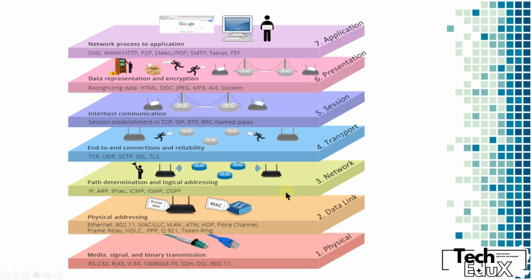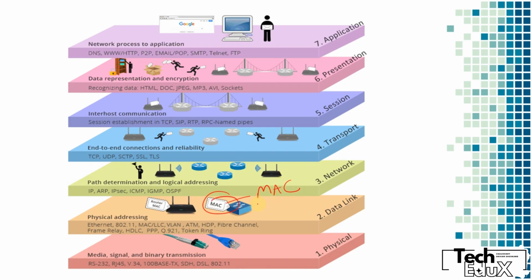Then we have the data link layer. At the data link layer, we are using switches, and these are manageable, intelligent devices, by the way. So what could be the issues? Here could be issues with the MAC addresses, and we could have many issues.